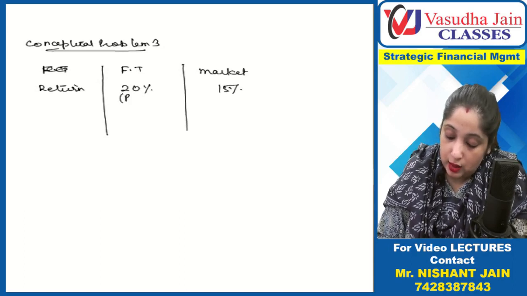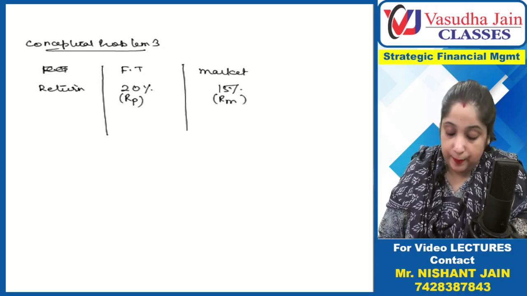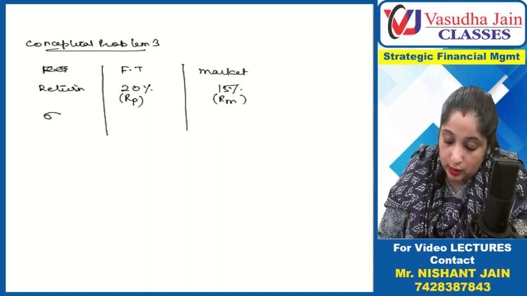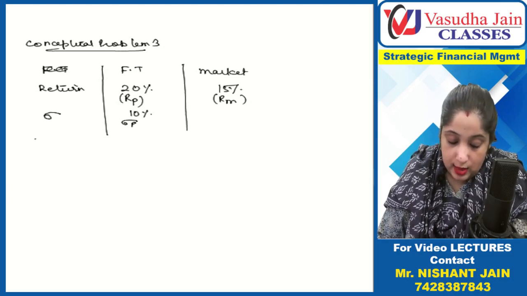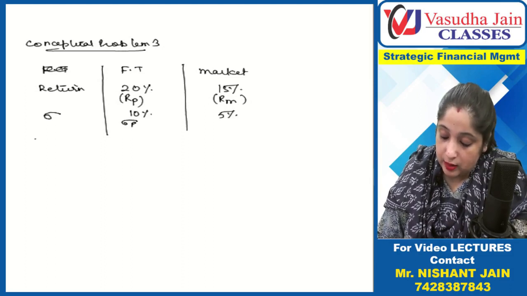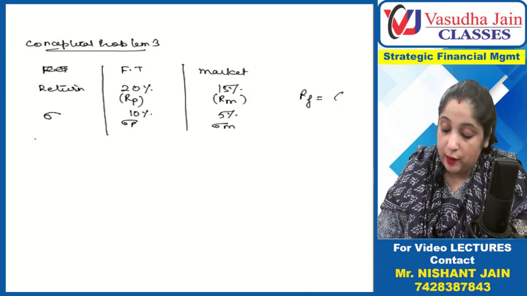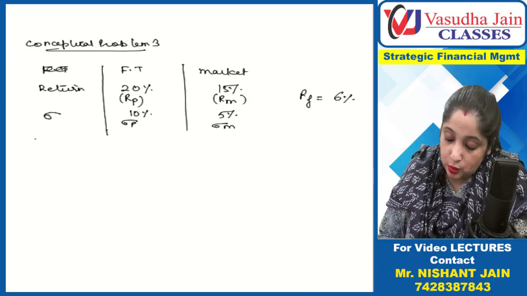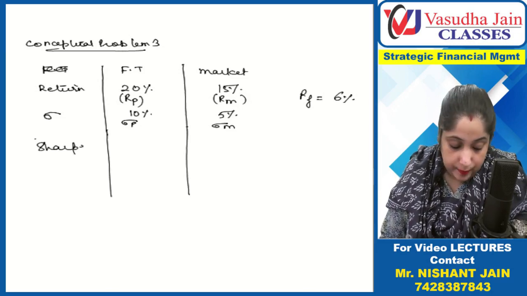This is called return from your portfolio and this is called return from market. Then the total risk of the portfolio given in the question is 10% and the market has a risk of 5%. And RF, the risk-free rate of return, is 6%. Now let us do the evaluation first of the Sharpe's index.